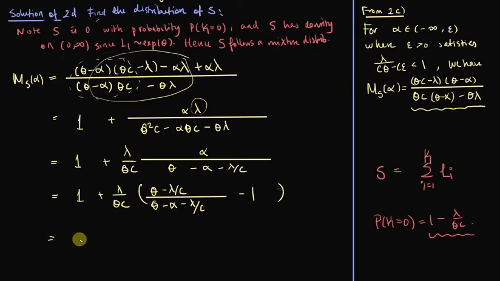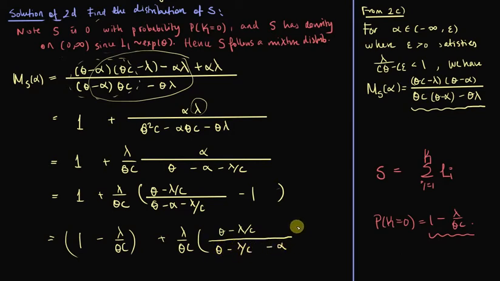Okay, this is equal to 1 plus lambda divided by theta c, and what do we have? Well, let's just take the minus 1 out already now. So this is 1 minus lambda divided by theta c plus lambda divided by theta c multiplied by theta minus lambda divided by c, divided by theta minus lambda divided by c minus alpha.